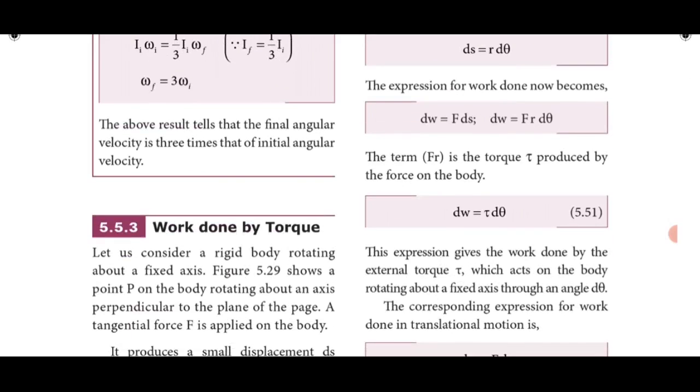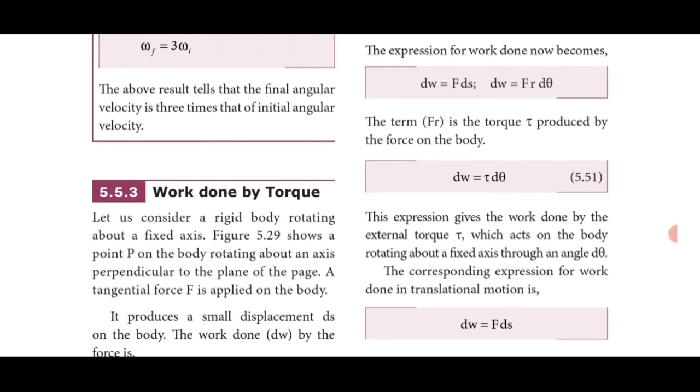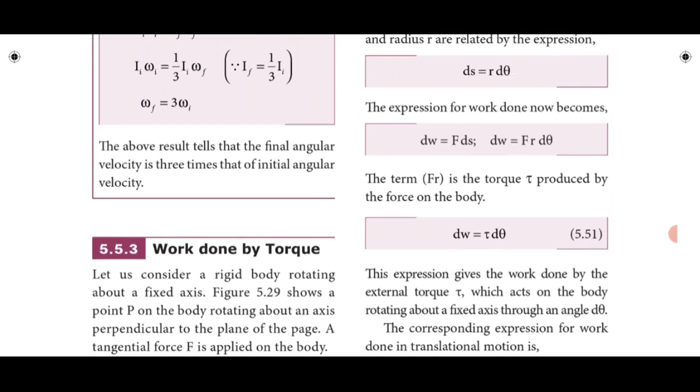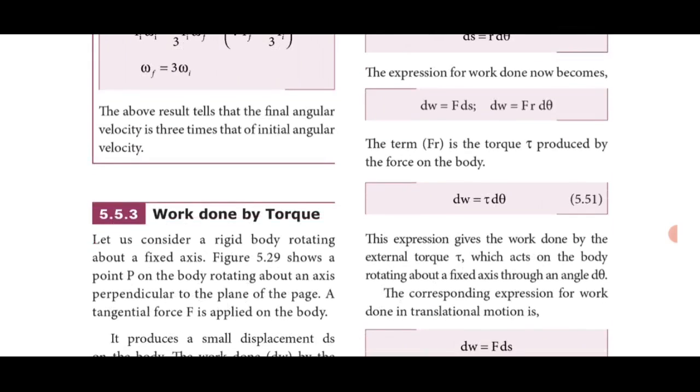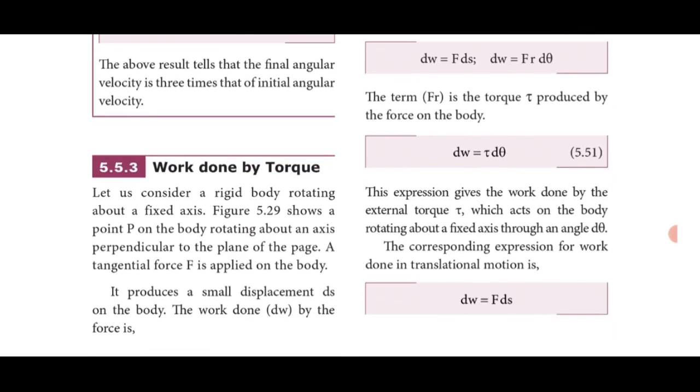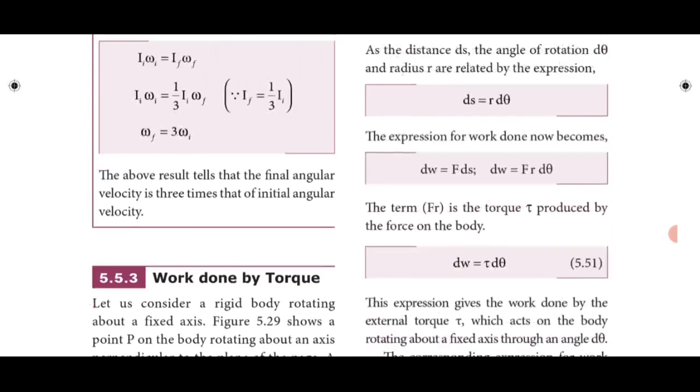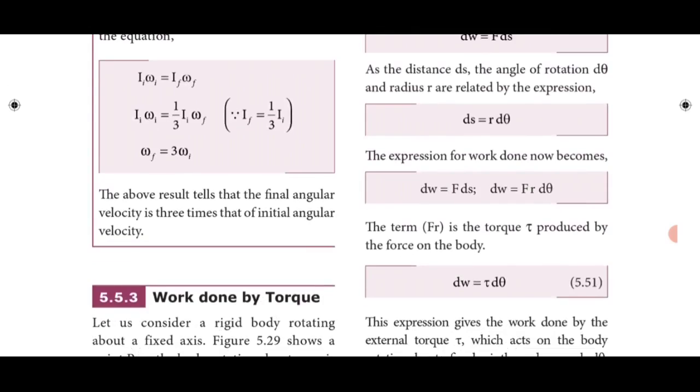So the expression for work done now becomes dW is equal to F ds, and dW is equal to F r d theta. We know the value of ds, so we are substituting it here. Now the term F r is a torque, that is tau produced by the force on the body. So tau is nothing but the force into r, the radius.